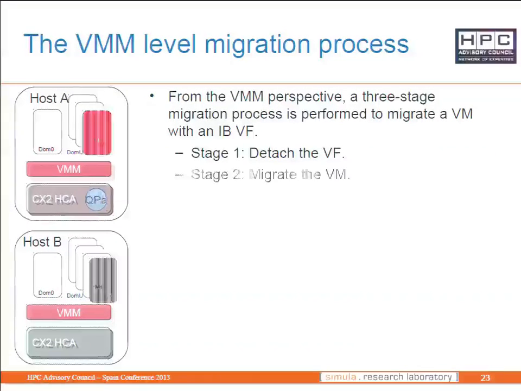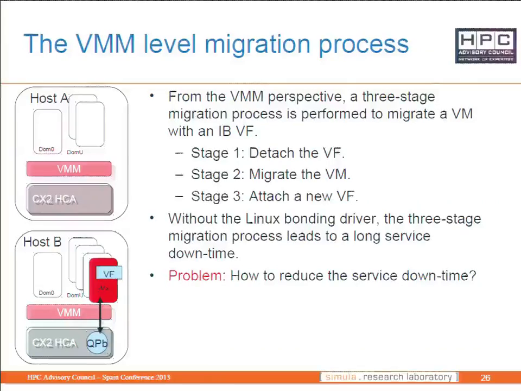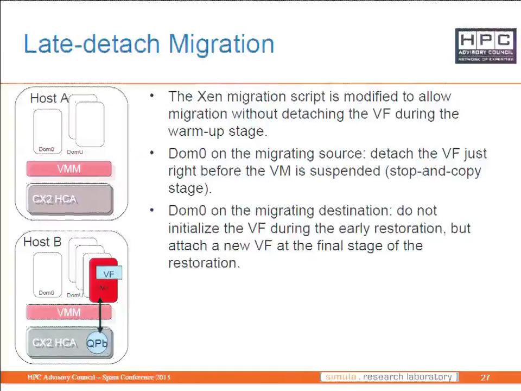So first we detach the virtual function, then we migrate the virtual machine, and eventually we attach a new virtual function. But since we cannot implement the Linux bonding driver workaround hack that is implemented in Ethernet, this three-stage migration process leads to a long service downtime. So how can we reduce the service downtime?